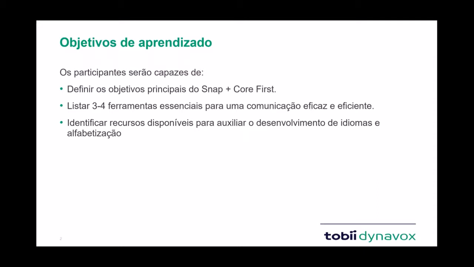I am super excited about this software because it was specifically designed to support AAC users in having more rich and complete conversations with other people while supporting their language and literacy development and helping them grow through the stages towards more complex communication.